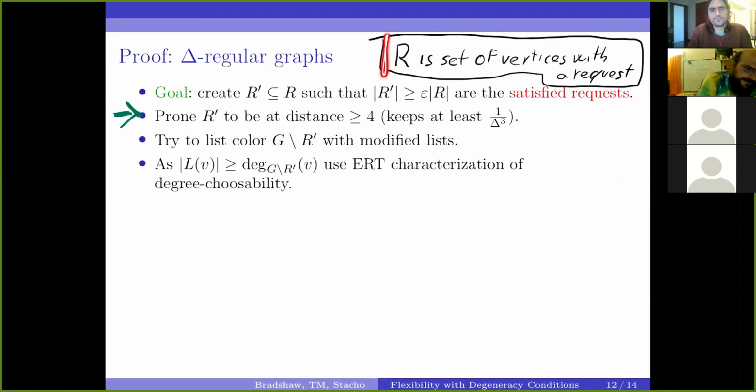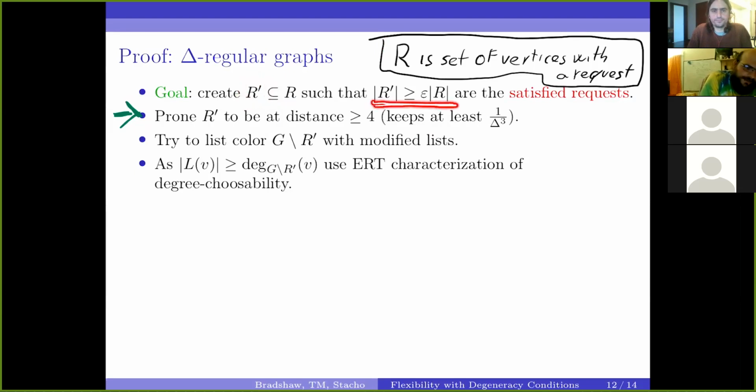So we start with the set R, which is the set of vertices which have a request, and our goal is to provide a subset R prime of R. Those are the requests that we will satisfy. So remember, I will be using R prime many times. R prime are the vertices that we will satisfy at the end.